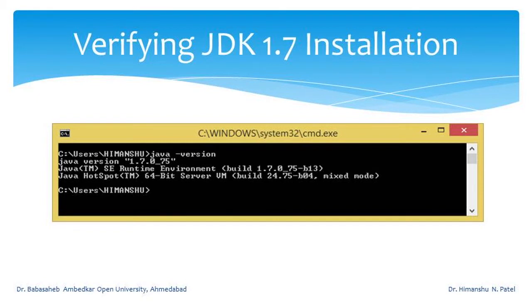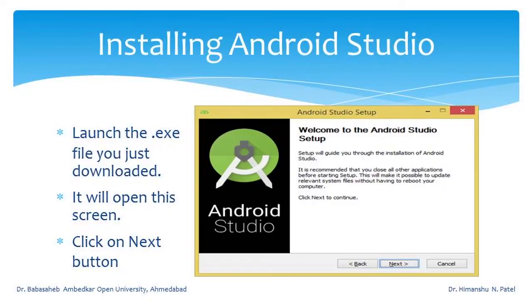As we assume that you have already downloaded Android Studio, now we start installing Android Studio. So, again like Java, you have to execute this downloaded file, and when you launch this exe file, it will open this screen. It shows a welcome message for Android Studio setup.